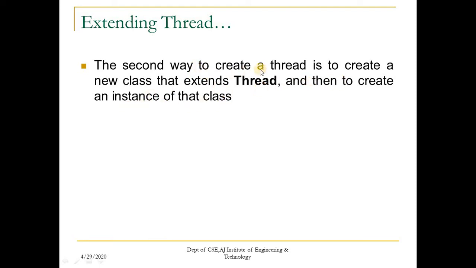So you have to create a class that will extend the thread class, and then you need to create an instance of that class. I have to create a class which is a subclass of the thread class, and I have to create an object of that class. That is all we have to do when we are using the extending thread class to create a thread.